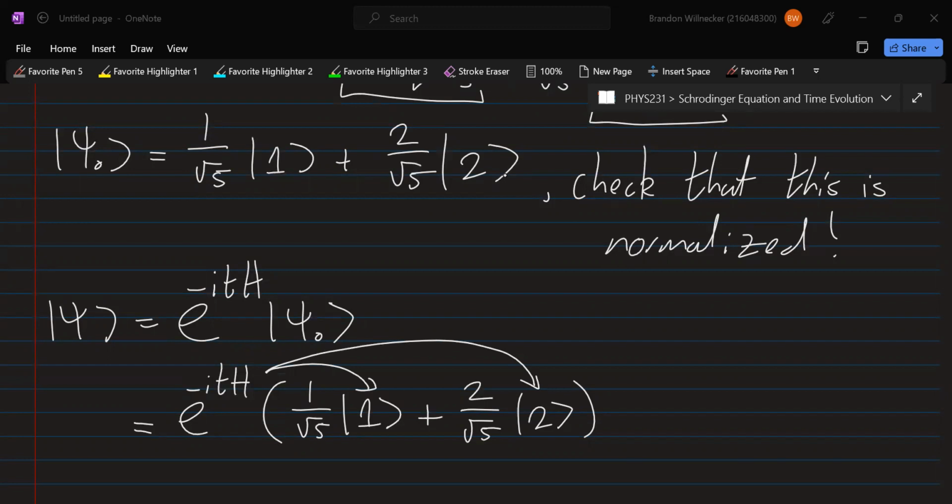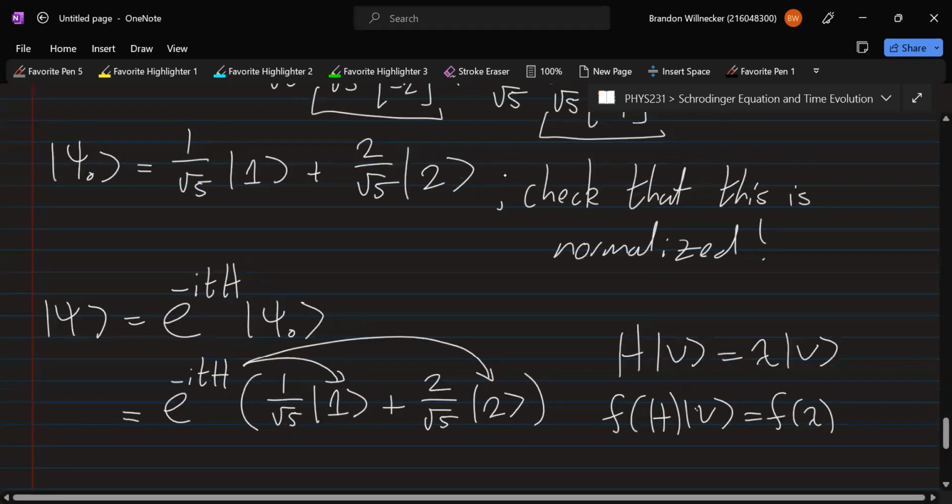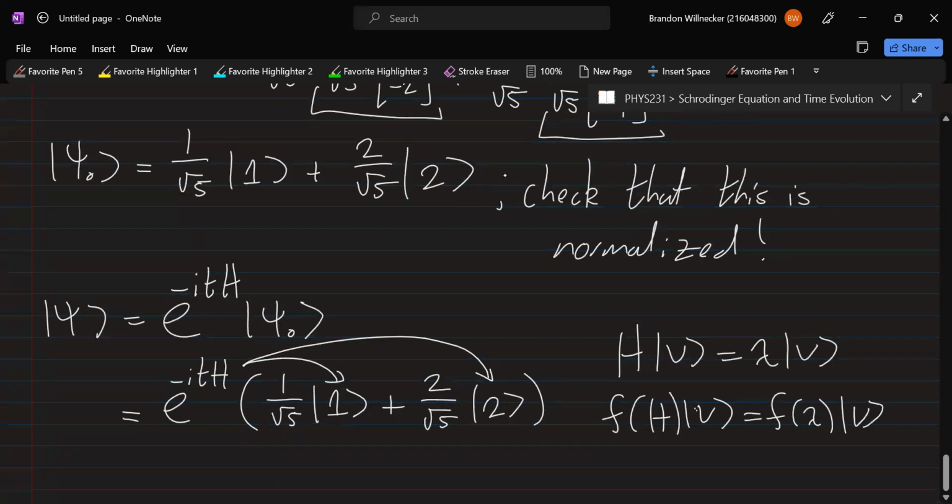So if we look back at Hv is lambda v, then if we have f of H acting on v, then this is f of lambda, again acting on v. This is similar to what we had before with the spectral theorem.